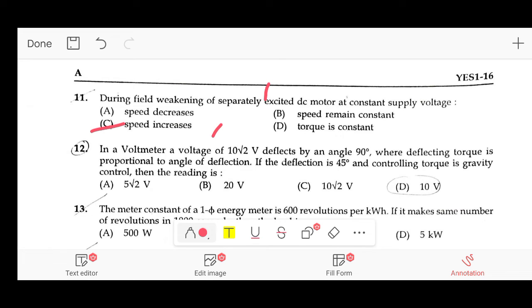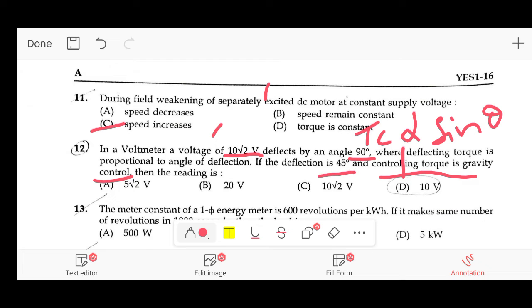In gravity control, the controlling torque is proportional to sin theta. Here the reading is the voltage when the angle is 90 degrees. What will be the voltage if the angle is 45 degrees?